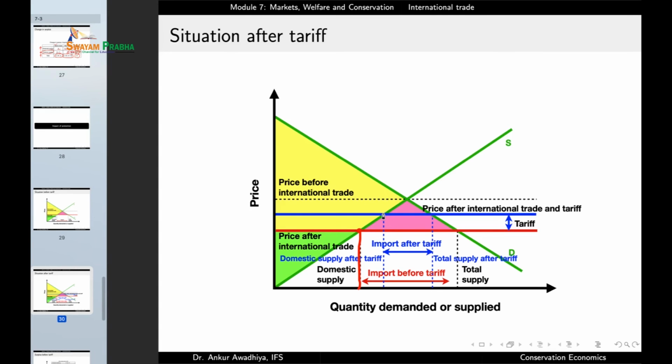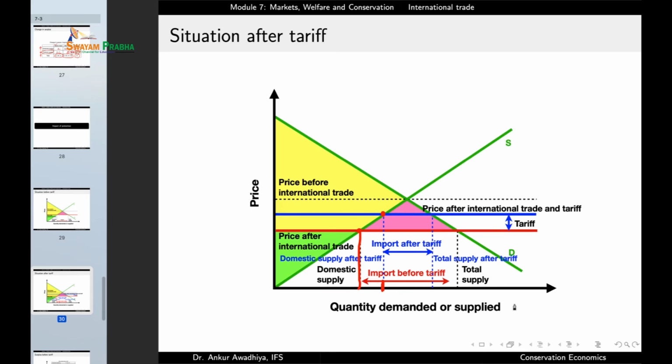Now the price has increased because of the tariff. And so now the domestic supply after the tariff is given by this point, where the domestic supply curve is now intersecting the new price curve. And at this price point, this much is the quantity that is supplied domestically.